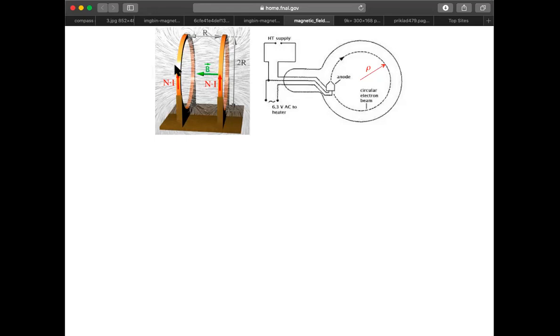You might have noticed I have coils like this in the room, and if we were in person, we would use this to do an experiment to measure the charge to mass ratio of the electron. That's what this image is actually from, here on the right. Okay, let's go back.